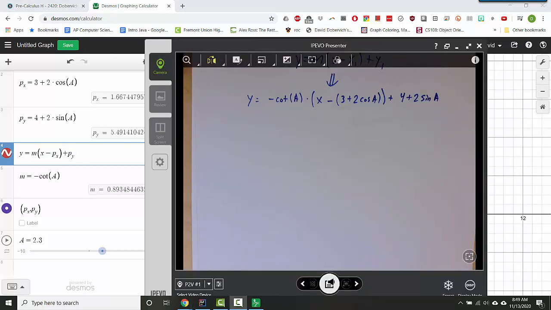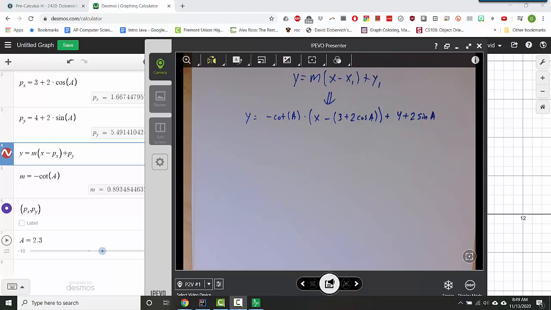If you were looking for what equation we actually ended up with here, I just wrote the general form, slope times x minus an x-coordinate plus a y-coordinate. But if you were to substitute in all of the expressions that we calculated for these parameters, you would end up getting y equals opposite cotangent a times x minus this thing plus that thing.